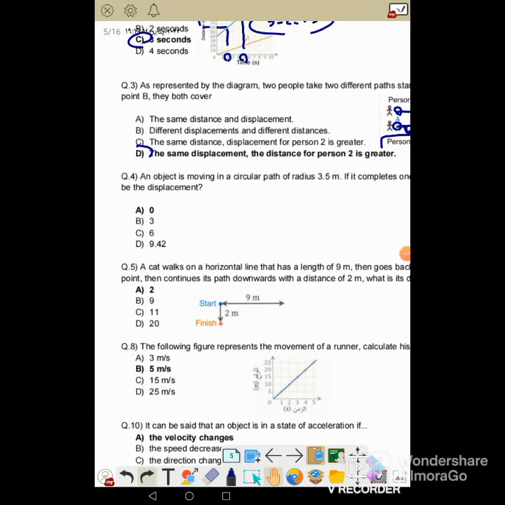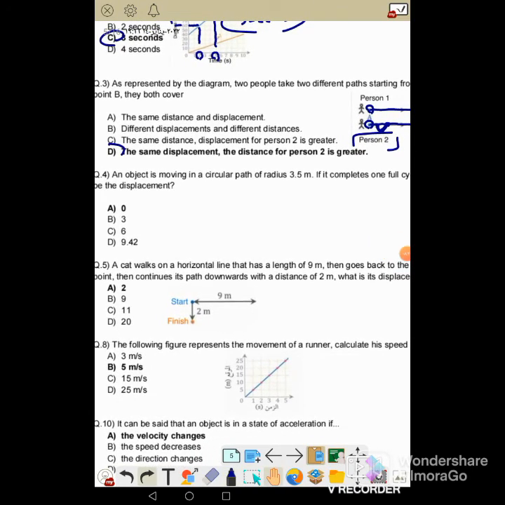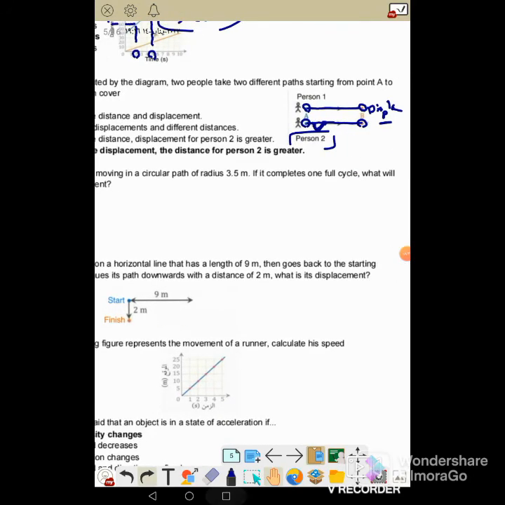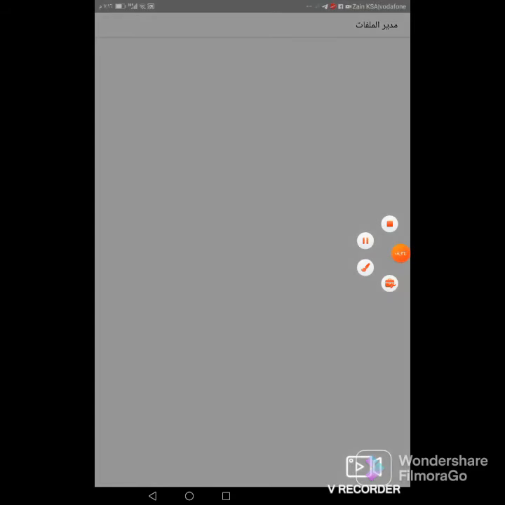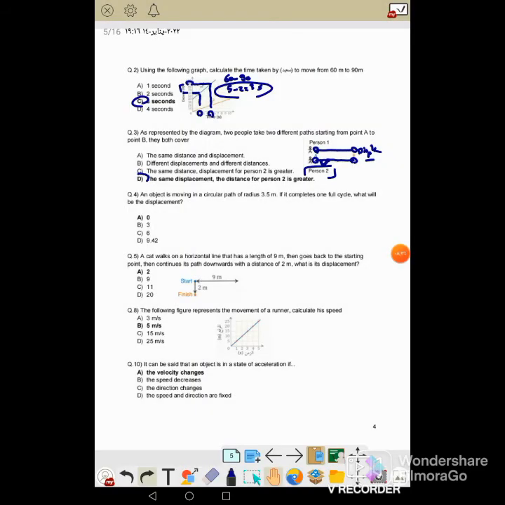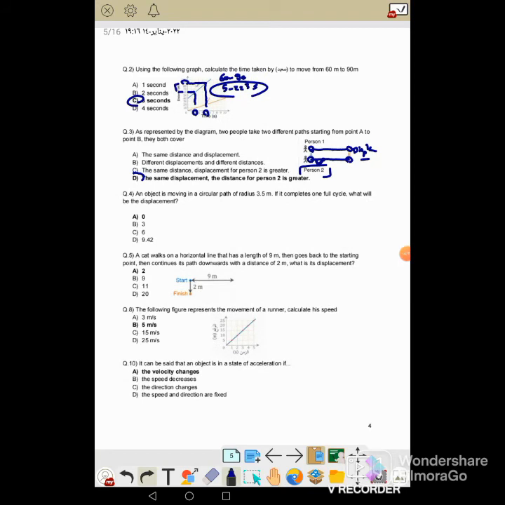An object is moving in a circular path of radius r equal 3.5.